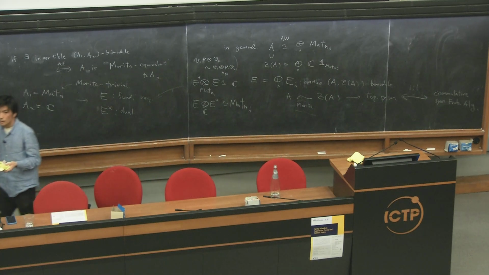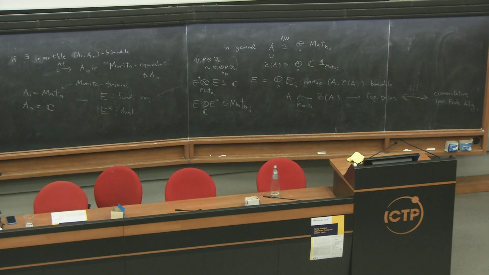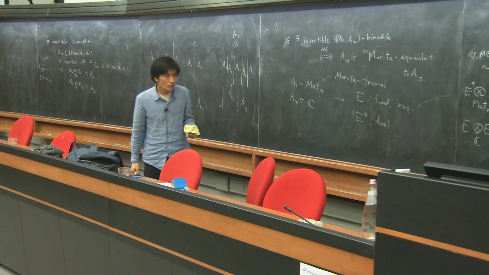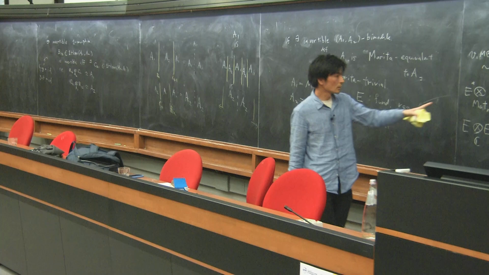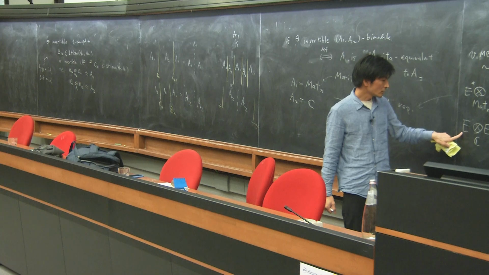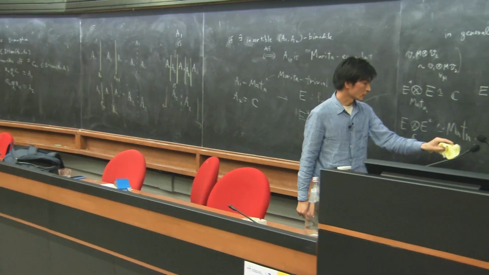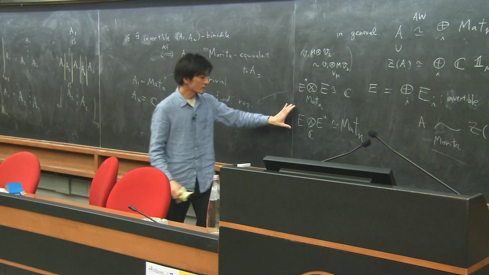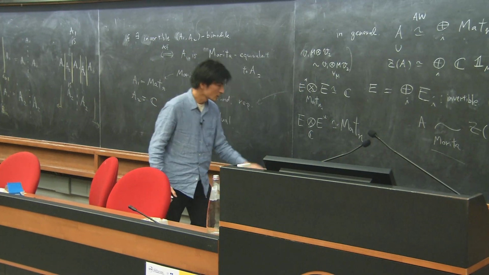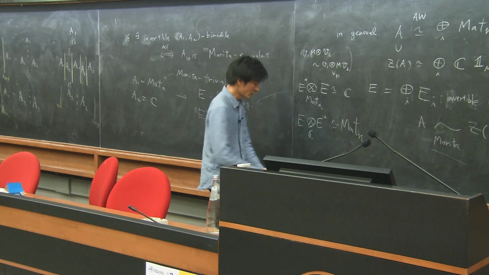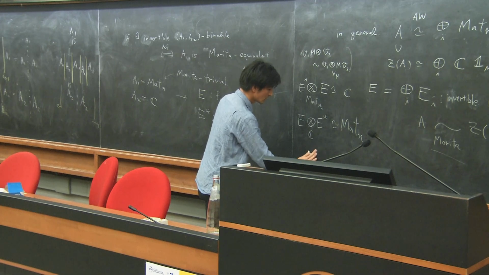Can you show how this, E times E dagger, equals the next line? This is the matrix algebra of n. This is a standard thing: any matrix is a linear combination of these.